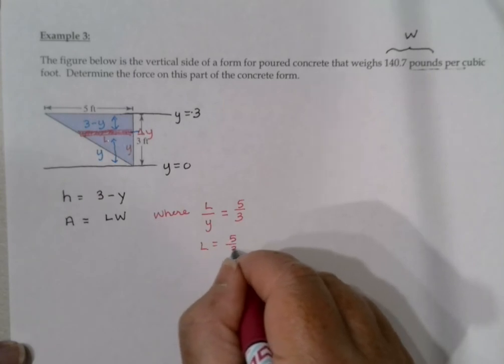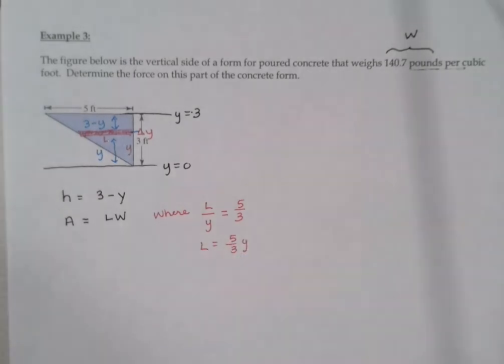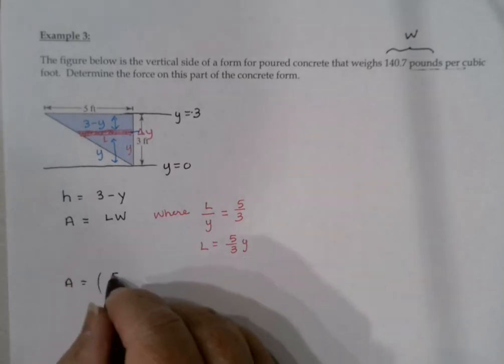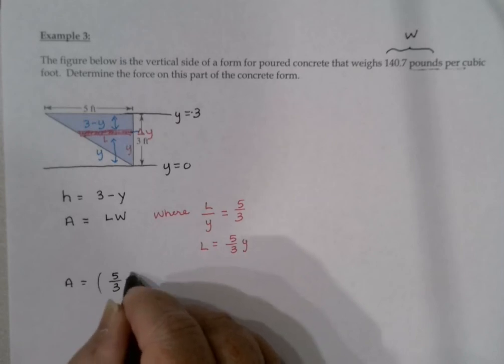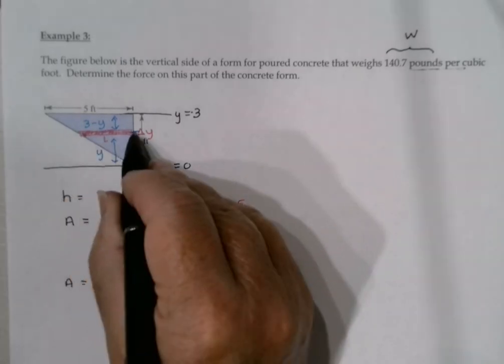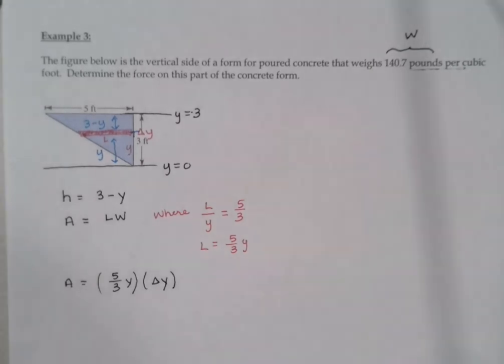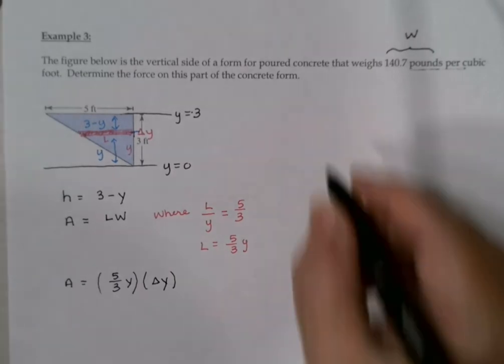So L would just be 5/3 y. So area is going to be L, 5/3 y, times W, delta y. All right, I think I've got everything I need.